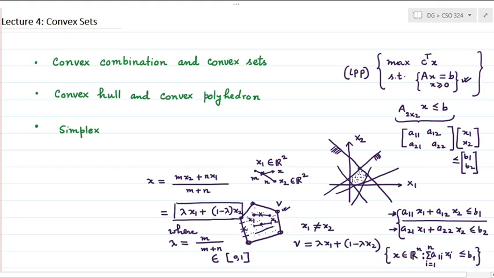And how do we define a polyhedron, or specifically a polytope? For that we require a very specific notion called a convex set. Why?